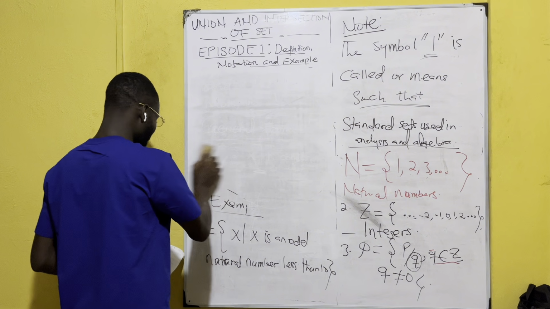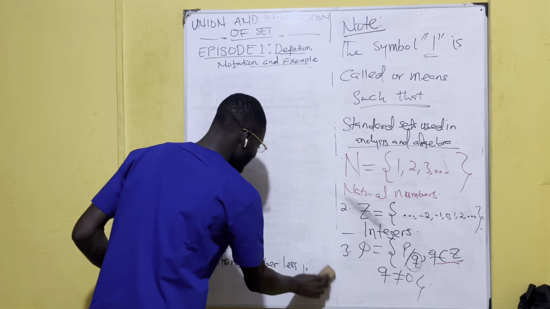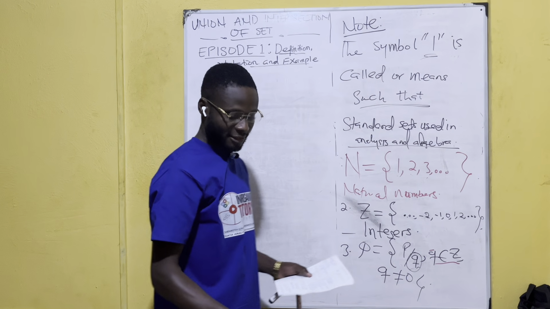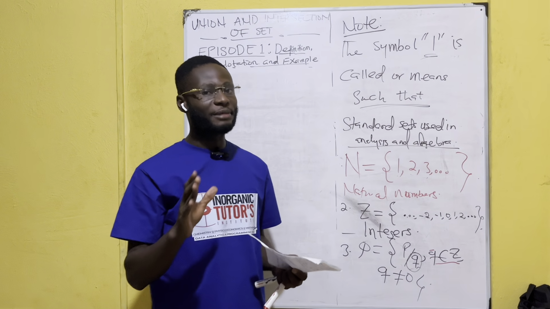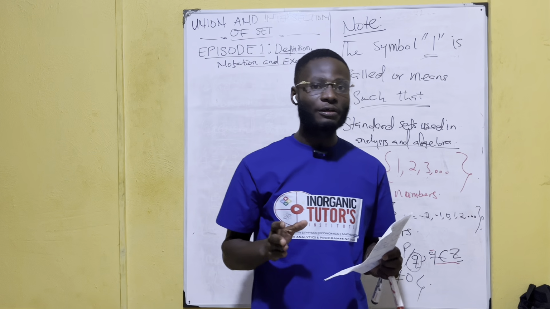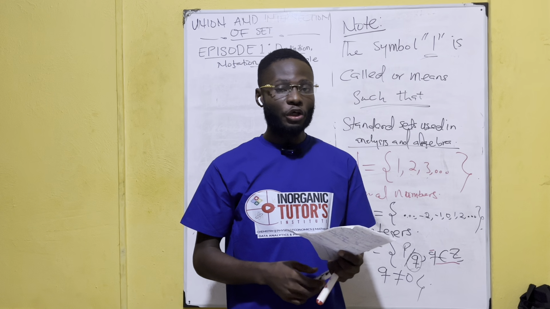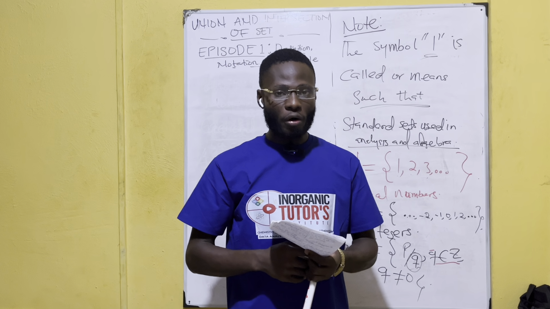Now, we are going to look at some common mistakes that you as a beginner can commit. And I don't want you to commit those mistakes. So I'm going to put them out for you to know them so that you don't commit them.